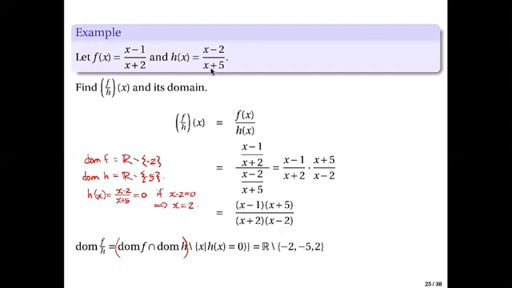You have to remove that because the denominator of the function h is x plus 5. The +2 here also came from the function h, but this time it will make the function h 0. But h is now a denominator. So you don't want that also. Okay? Other questions?